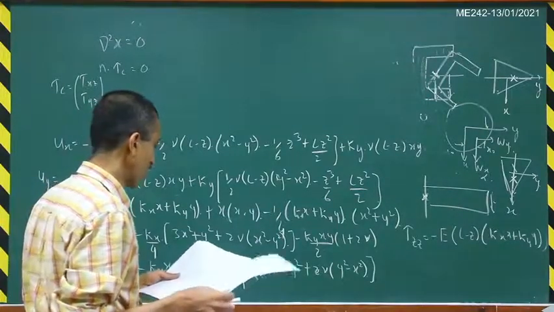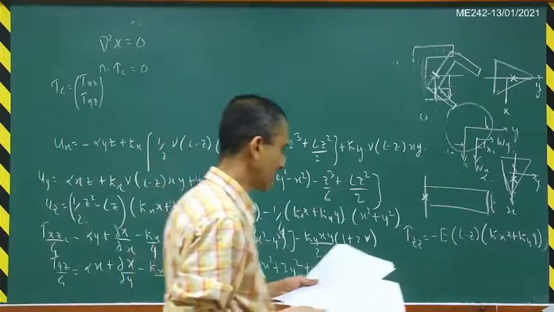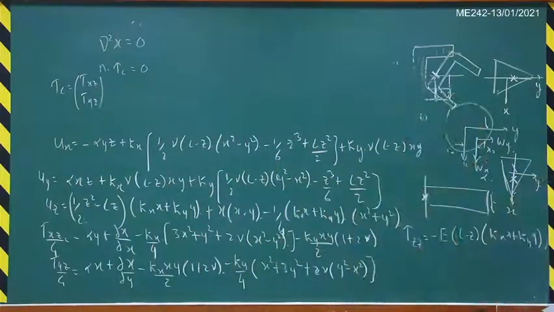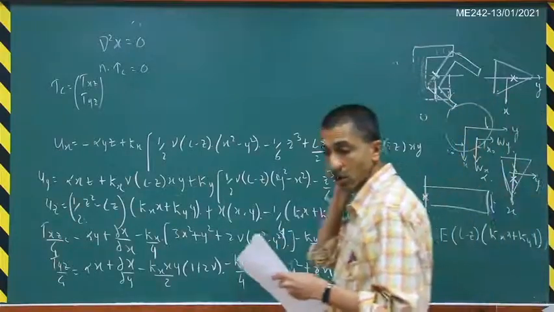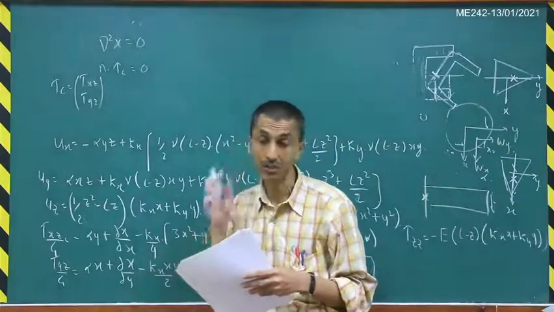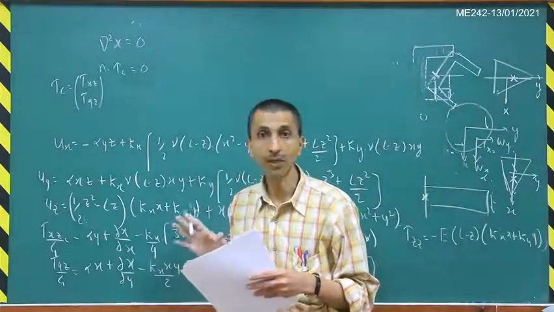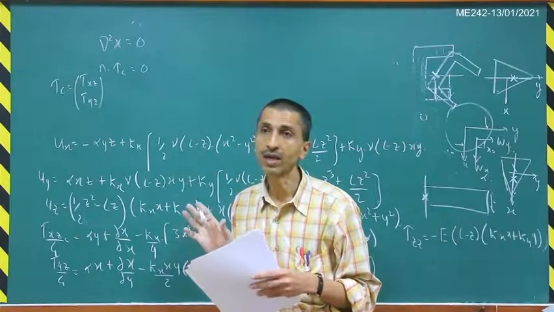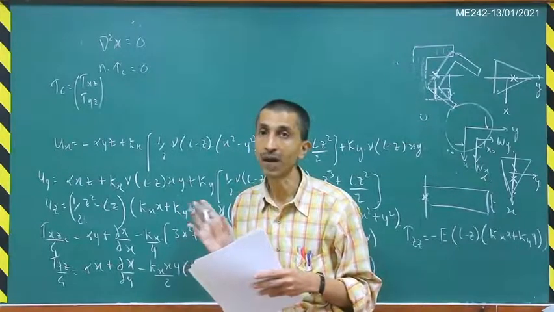Okay. So let me just summarize the two approaches here. If you recall, in the torsion problem also we had several functions, right? One was the warping function, and we also had the Prandtl stress function phi.